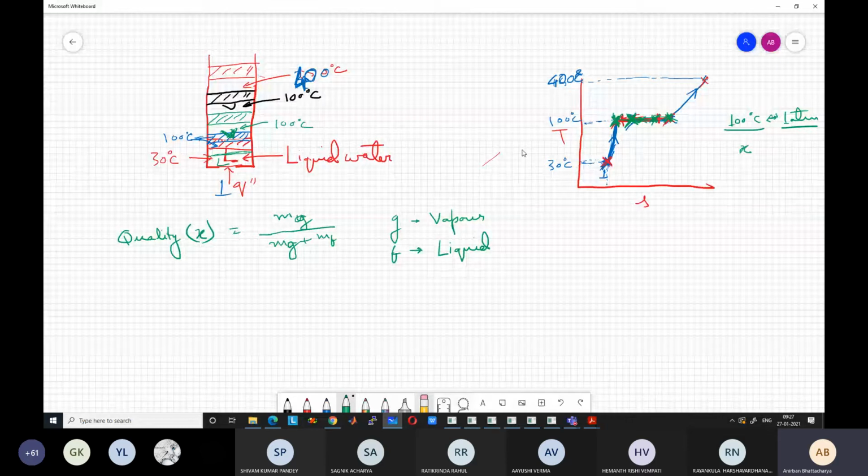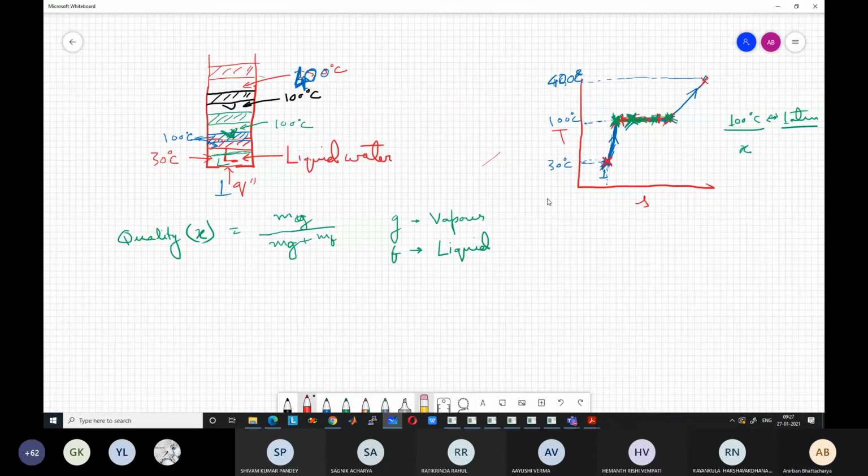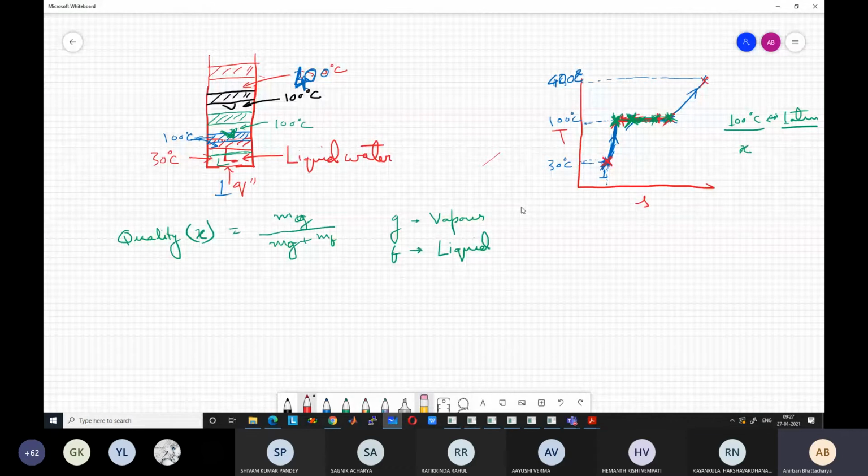If we perform the same experiment but at a different pressure, say at a higher pressure, instead of 1 atmospheric pressure, at 100 atmospheric pressure.